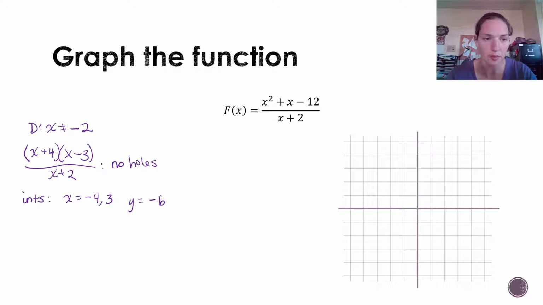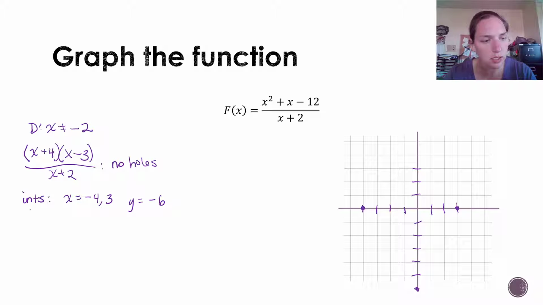Okay, so there's my intercepts. I can probably plot these now. My y-intercept is -6. All right, so all the x multiplicities are 1, so I'm just going to leave those there. The y-intercept's -6. It's down here.